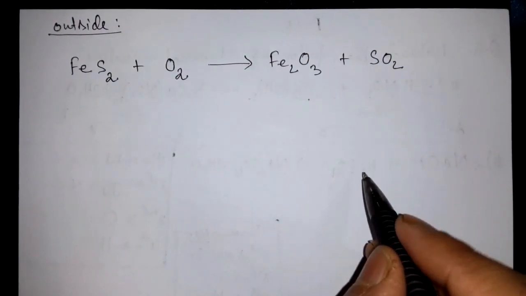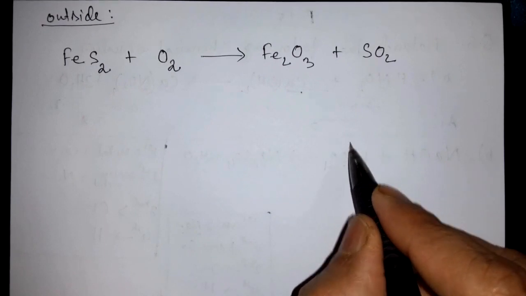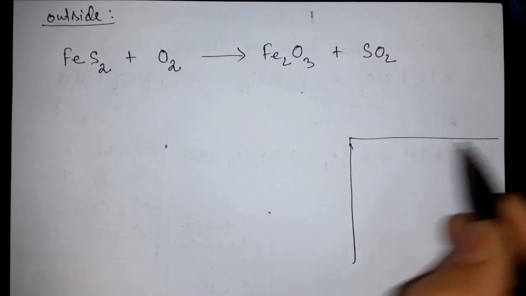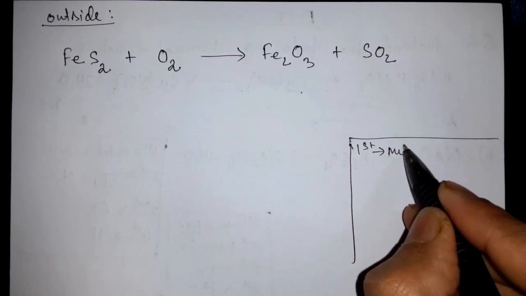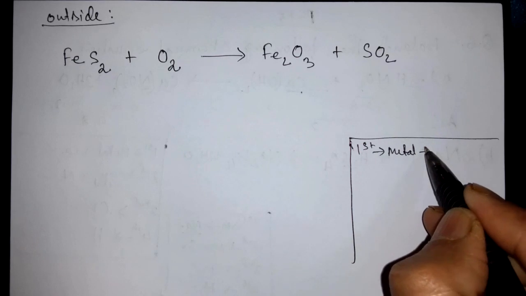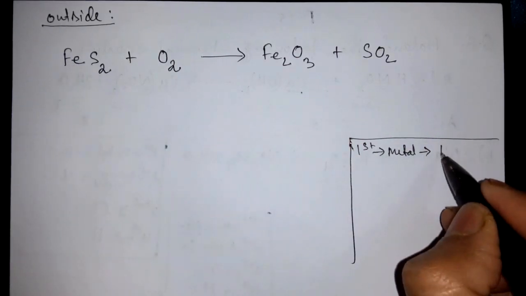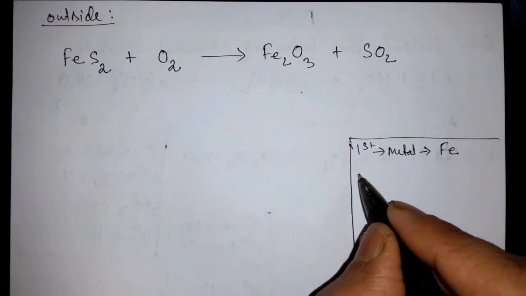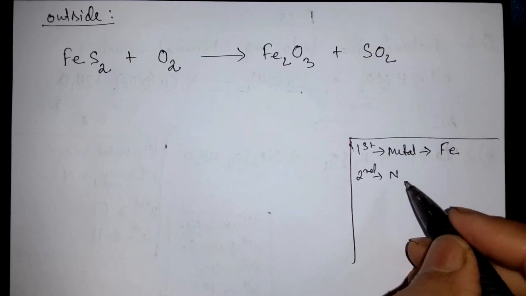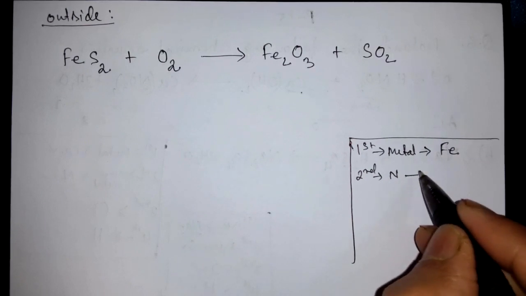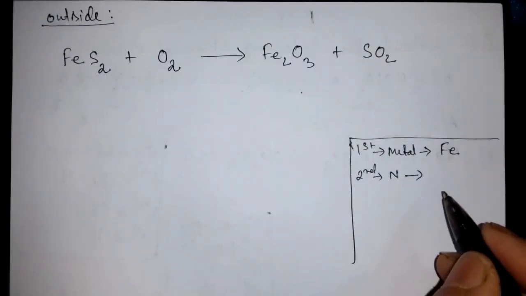Okay, so if you want to follow a sequence here, what sequence should we follow? First step, we should identify if any metal is there or not. If there's a metal, we have to balance that first. So here the metal is Fe, which is iron. Then second step, we go for non-metals other than O and H. So your non-metal other than O and H is sulfur.